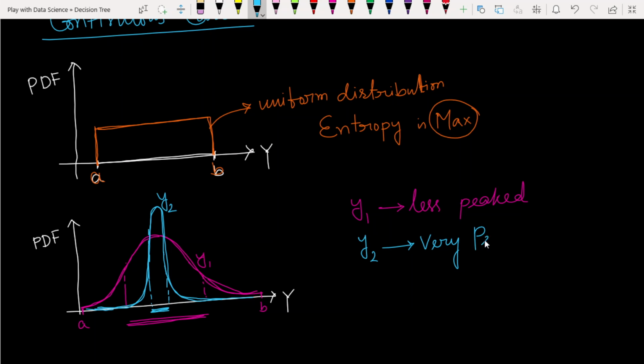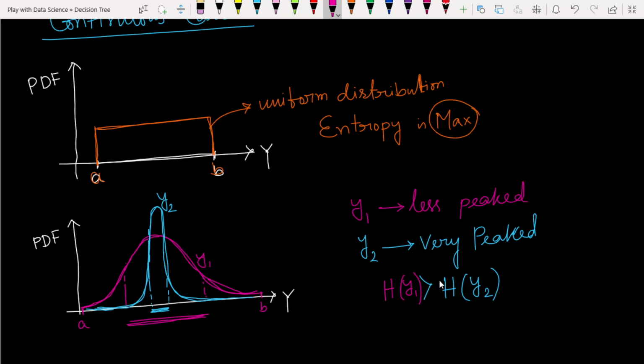So the entropy of y2 will be less than the entropy of y1.